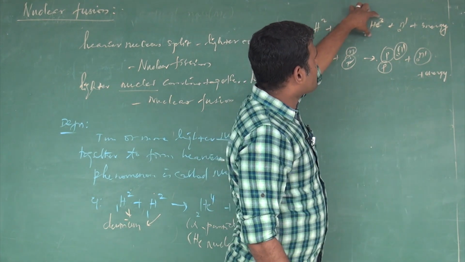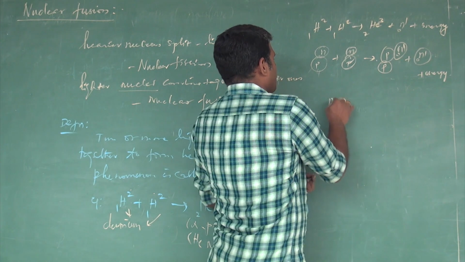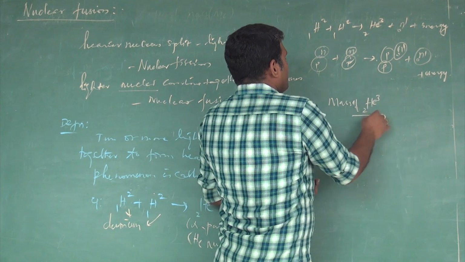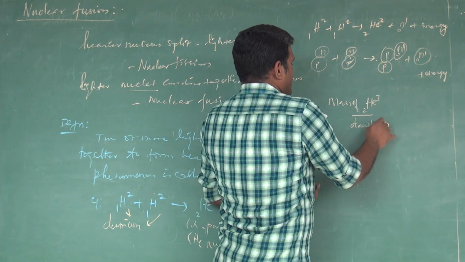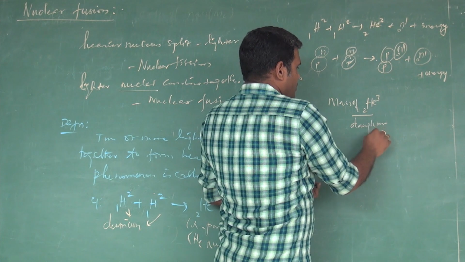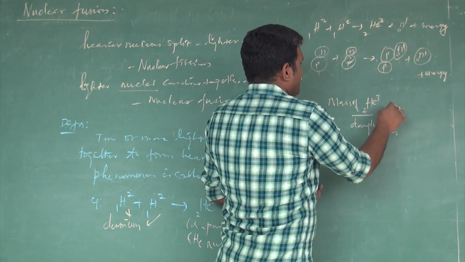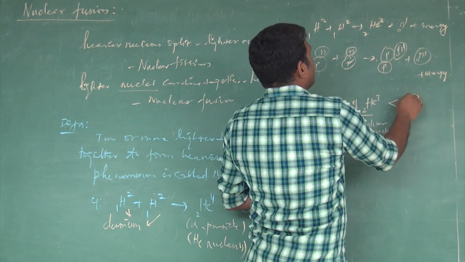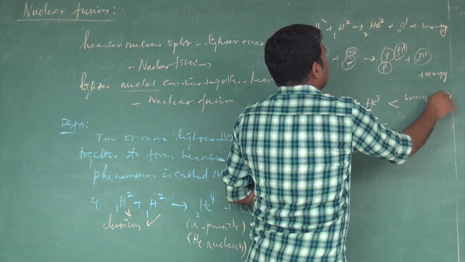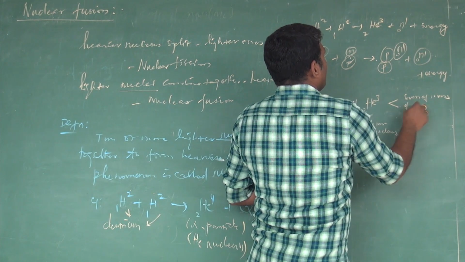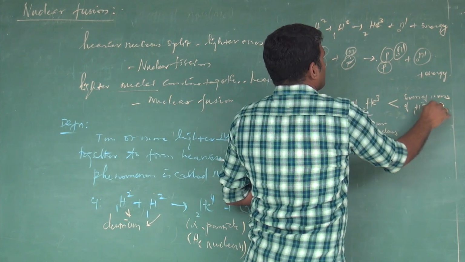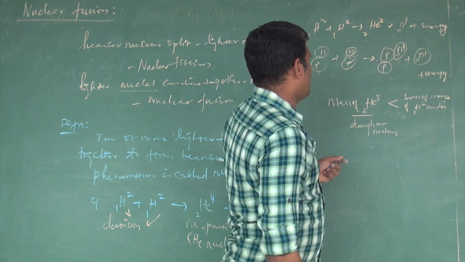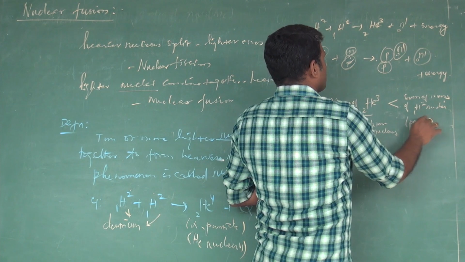I can write the condition like this: the mass of He-3, which is a daughter nucleus, a product nucleus is called a daughter nucleus, is always less than the sum of the masses of the H-2 nuclei, which are the parent nuclei.